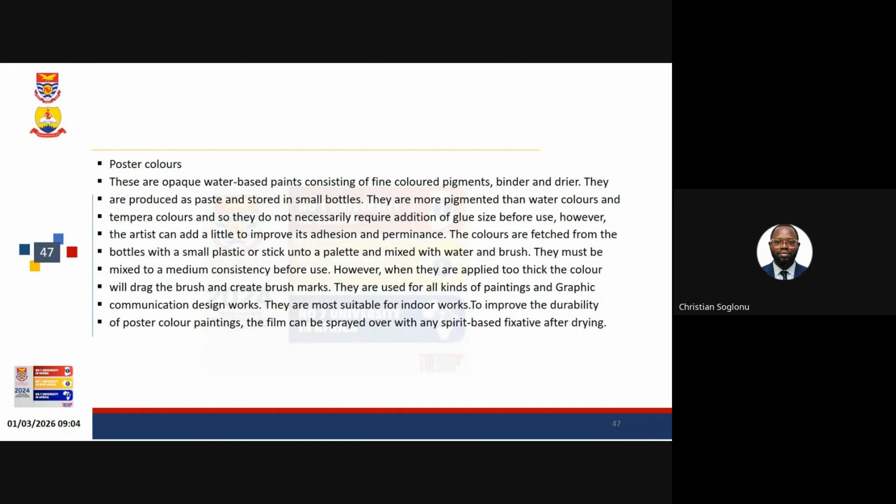Then we come to our almighty poster colors, the ones we'll be using for our project works. These are opaque water-based paints consisting of fine color pigments, binder, and dryer. The binders are not strong enough, so if you want your color to flow and adhere more to the surface, you can add white glue to it.